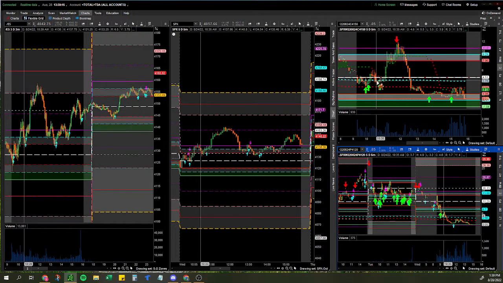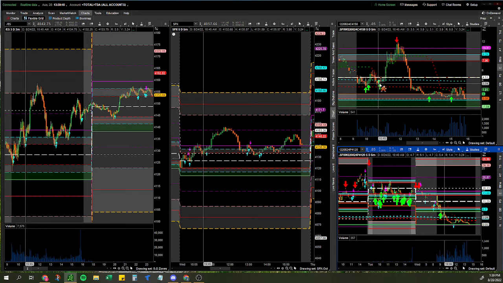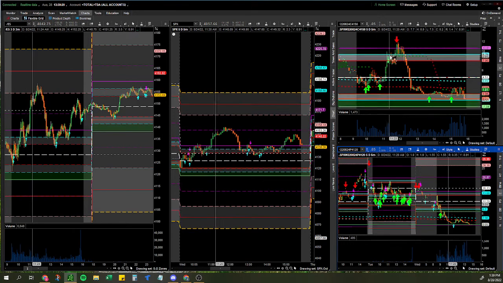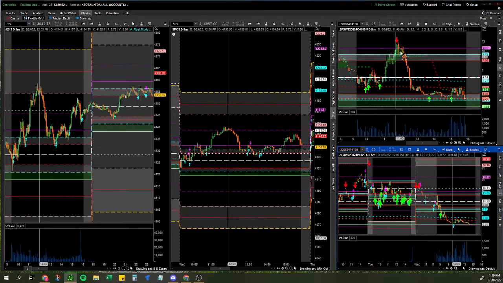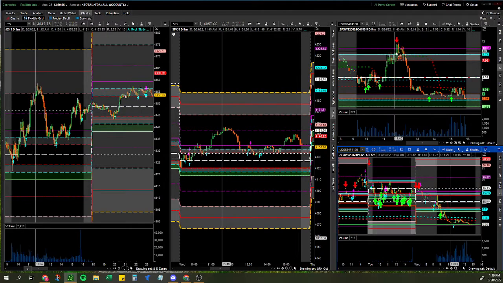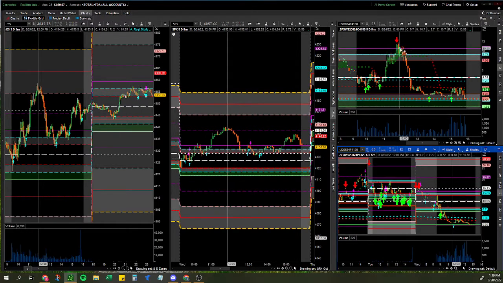The trail line keeps it down and it comes back into the beast zone before finally taking off and getting to our top burger bun, our region that we start selling, right?